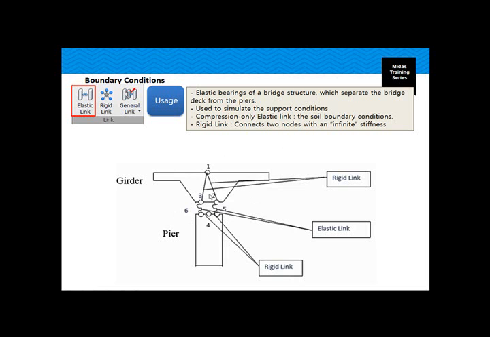In this case, the program took two rigid links to the bottom portion of the girder, and then it connected the girder with the pier using an elastic link, which will simulate the bearing, and then a rigid link that is connecting the pier to those bearings. You can use this simulation to do that, or the program can actually do it automatically.